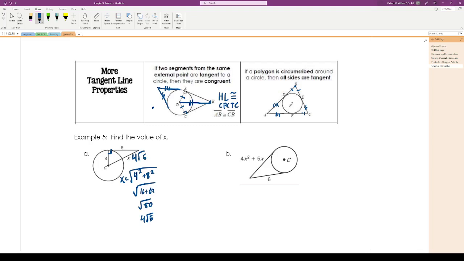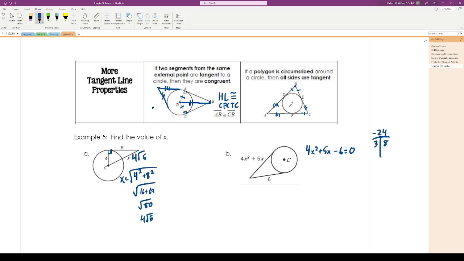Over here we have, again, these are equal. So we have 4x squared plus 5x equals 6. I'm going to move that 6 over here and set it equal to 0 because we have a quadratic to solve. So I'm just going to try to factor it. So we have negative 24 for a times c, and we're trying to make 5 by subtraction. So we need a difference of 5.